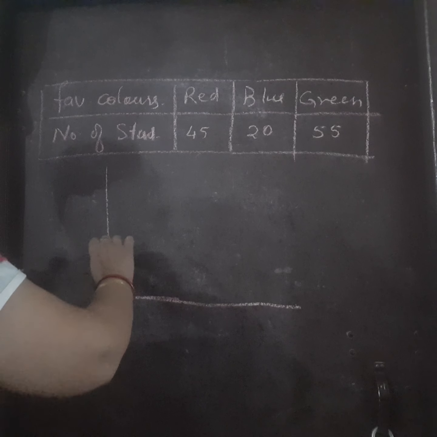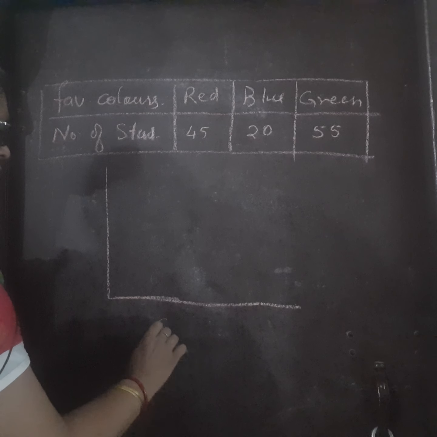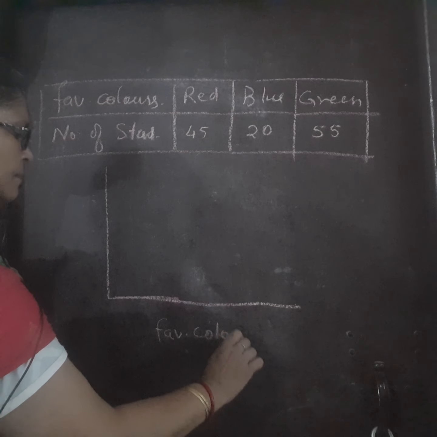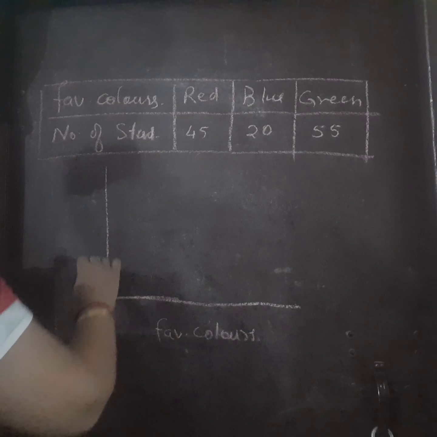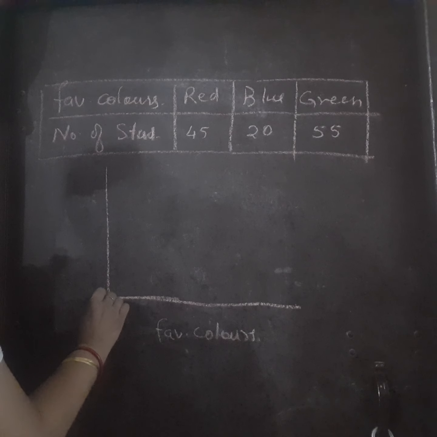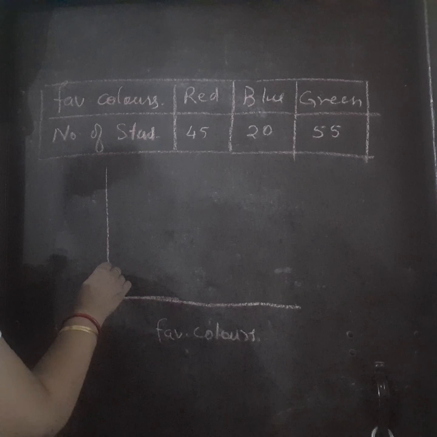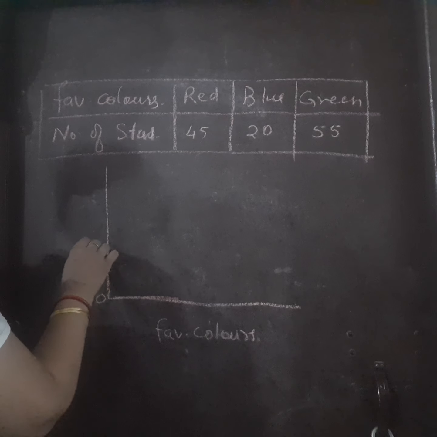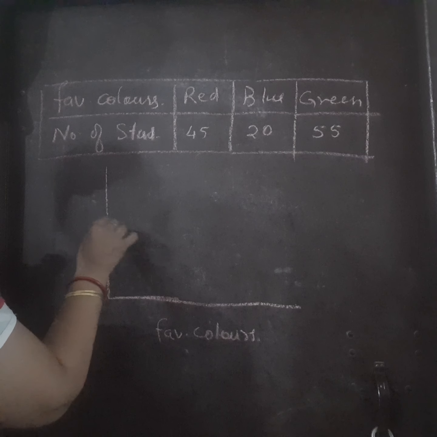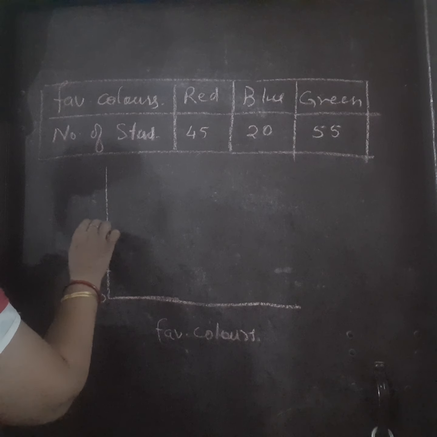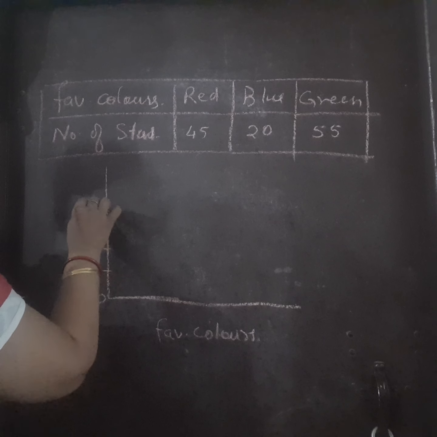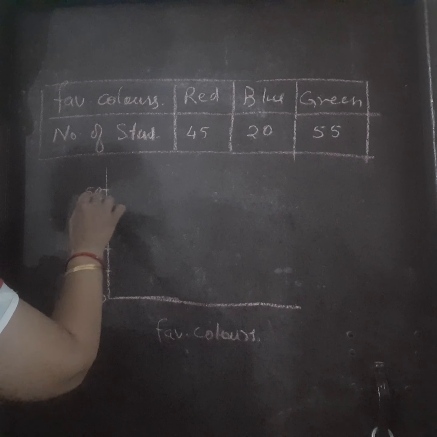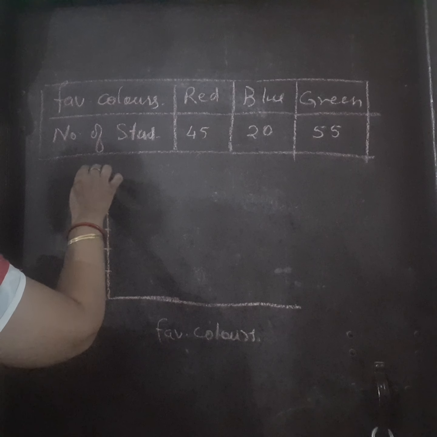Now here we will write favorite colors, and here first we will mark 0, then first division will be of 10 students, second of 20, third for 30, fourth 40, and fifth division is of 50, and one more 60.